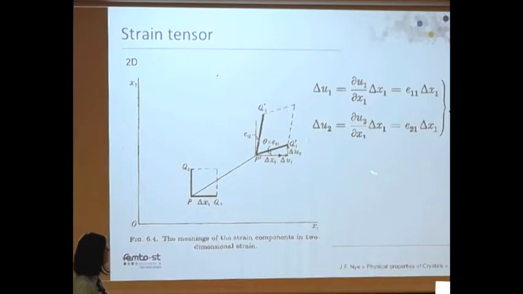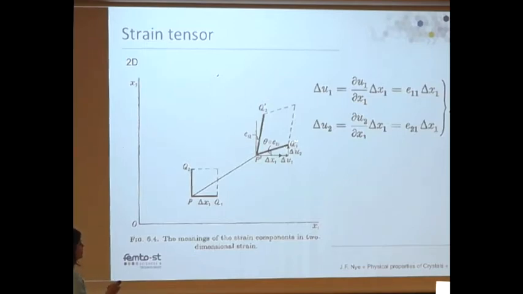And then if you have, for example, 2, 1 or 1, 2, it actually represents rotation. Because we have delta u2, for example, you had a square and it was compressed and elongated like a rhombohedron. So you get elongation along y of this dimension.